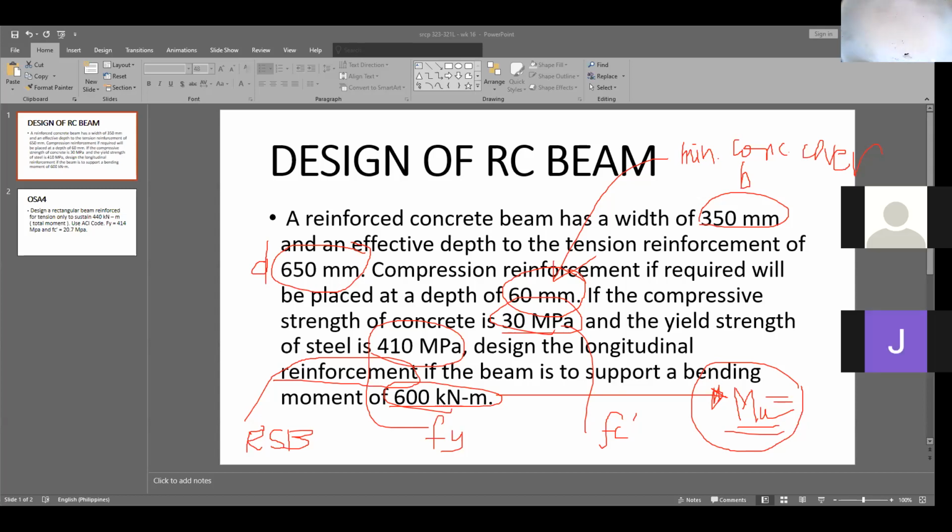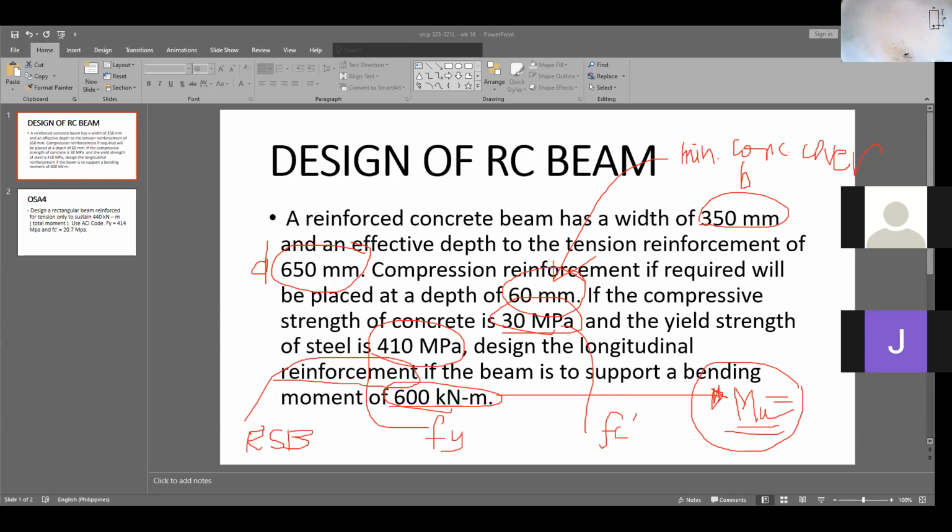So we are given the section, and the section of the beam is a rectangular beam. We've got the effective depth, and we have the value for b.